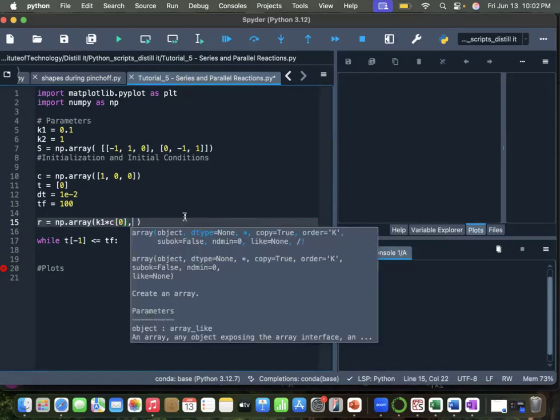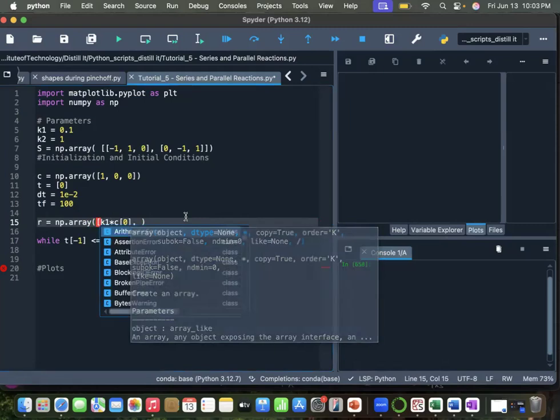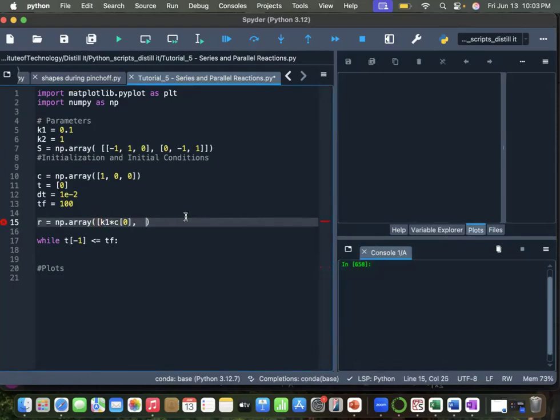And the second reaction has the rate K2Cb, so K2C1, right? That's there. So that's the rate array, right? Now this is the initial rate array, but you will have to evaluate this at every iteration, right?